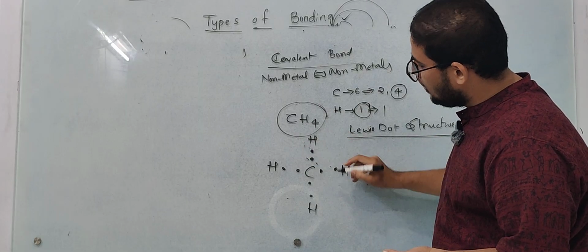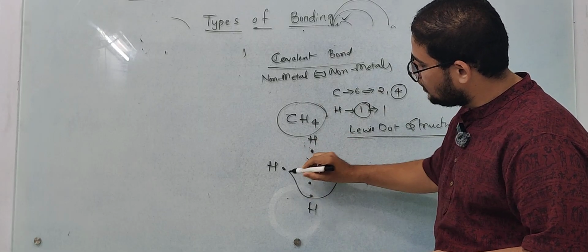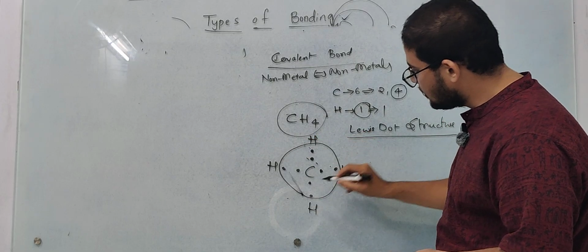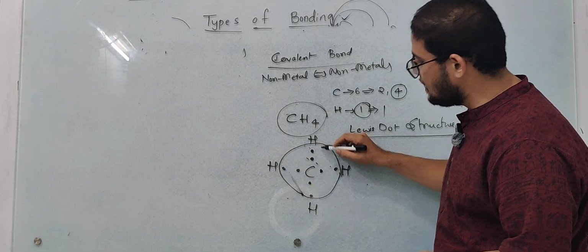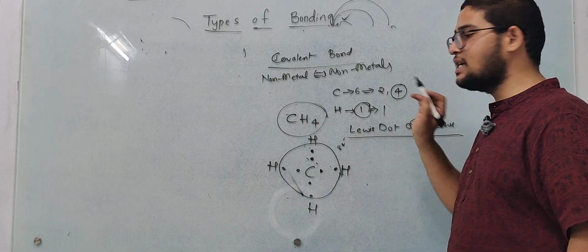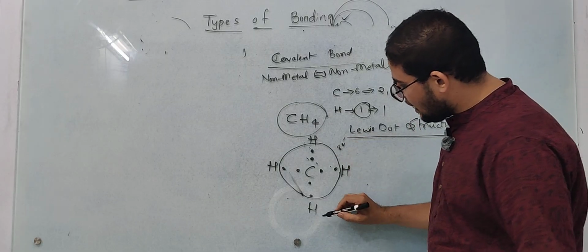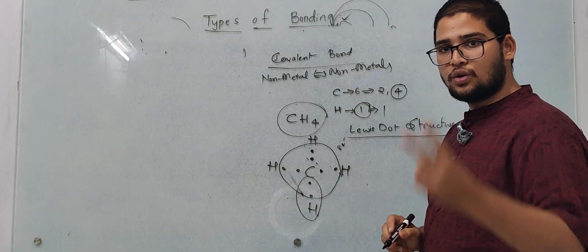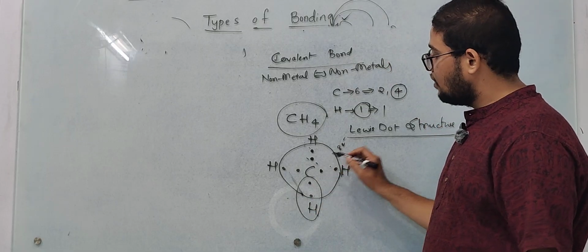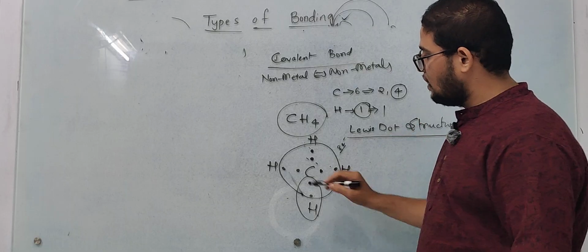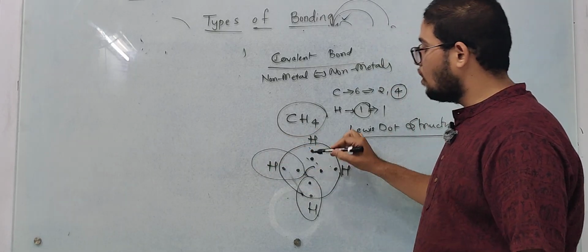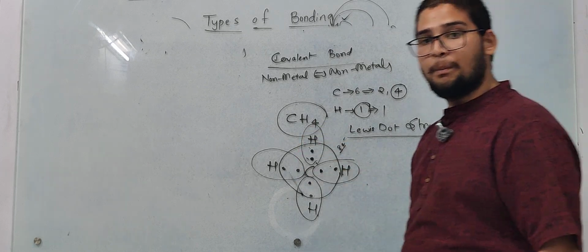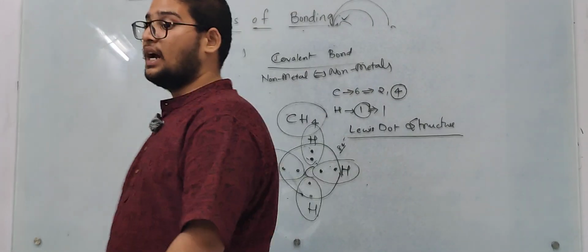So this becomes the common region for carbon, showing carbon has 1, 2, 3, 4, 5, 6, 7, 8 electrons in its region. Similarly, the common region for hydrogen has 1, 2, so a duplet state of stability. For carbon, an octet state of stability. So this is how mutual sharing of electrons takes place between carbon and hydrogen.